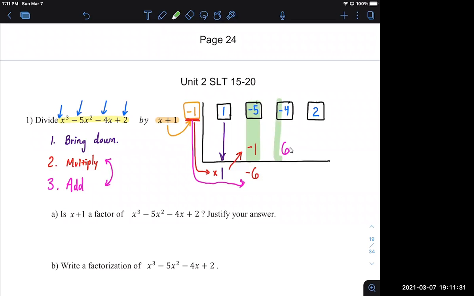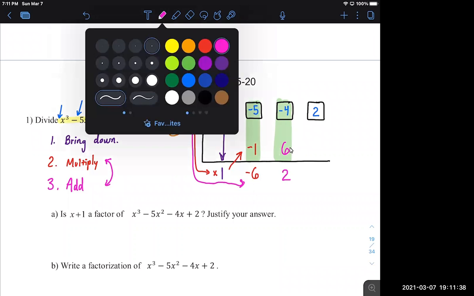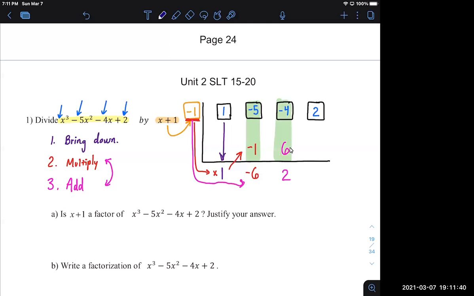Then I add negative 4 plus 6 is positive 2. And we're back to multiply. Multiply negative 1 times positive 2, and that gives you negative 2. Then you add 2 plus negative 2 gives us 0.